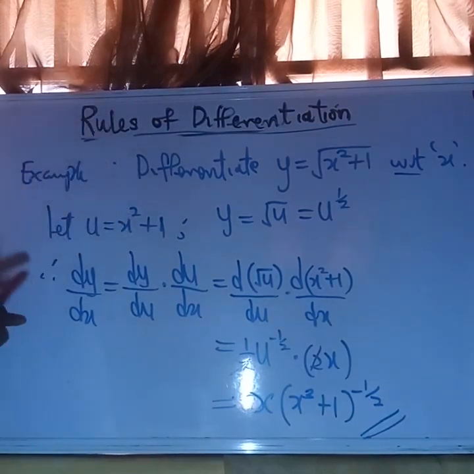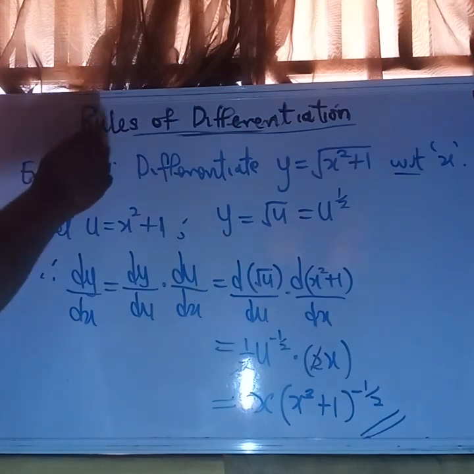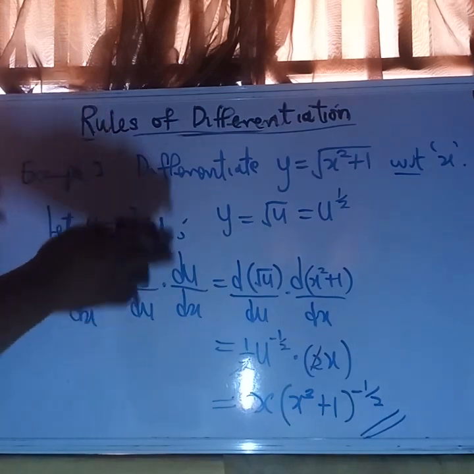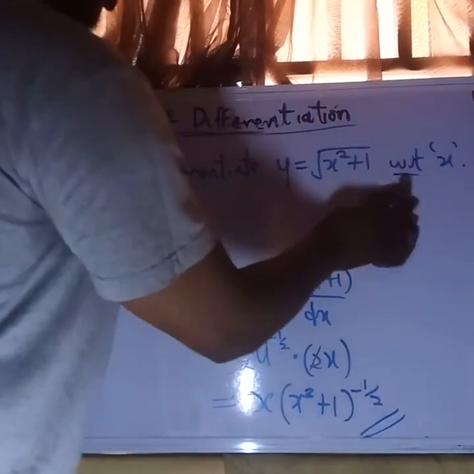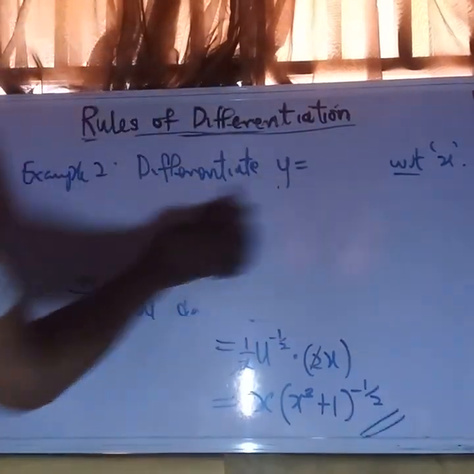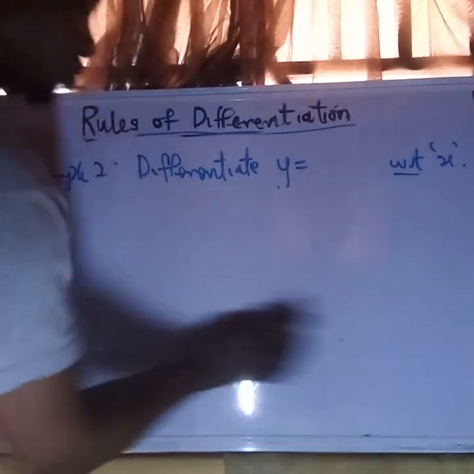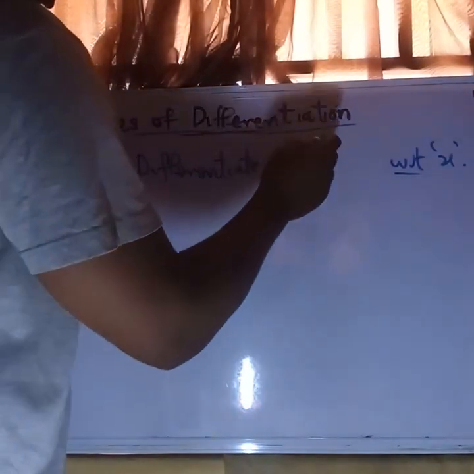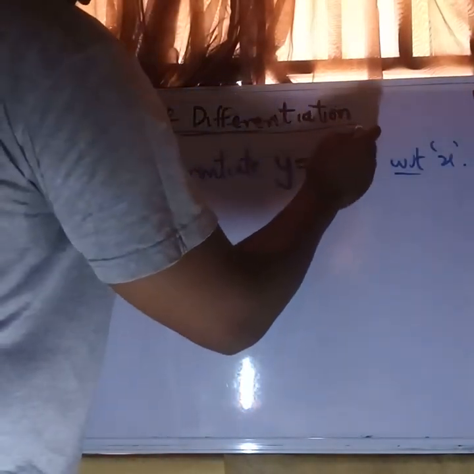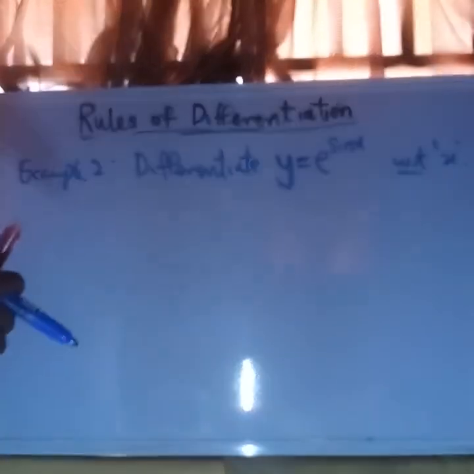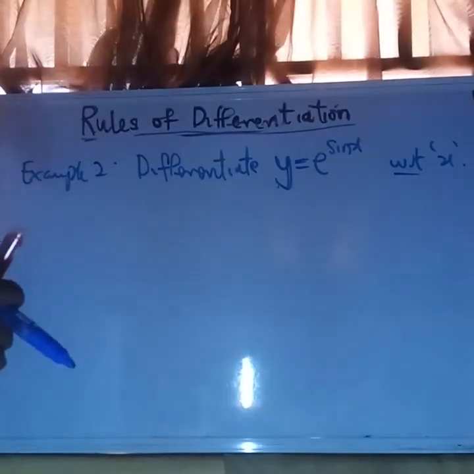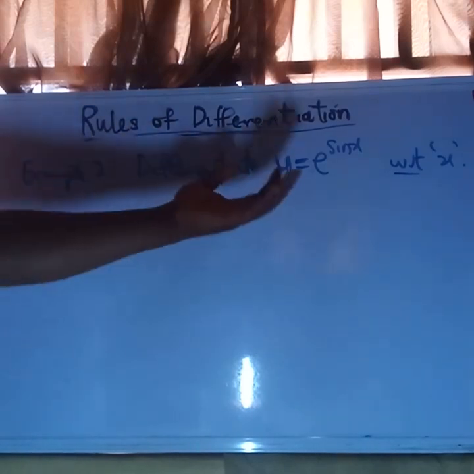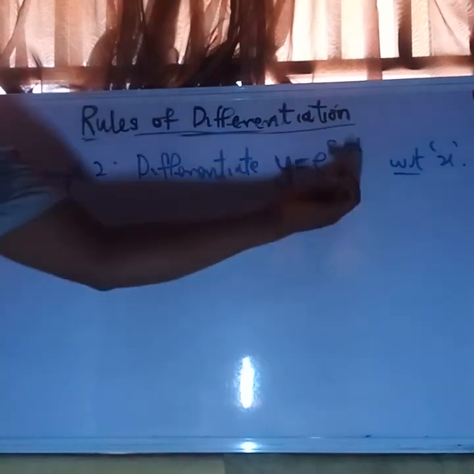So let's say example 2. If you have to differentiate the function y equal to exponential sine x with respect to the argument x, looking at this critically, we see that sine x is an inner function, and that's where we start from.